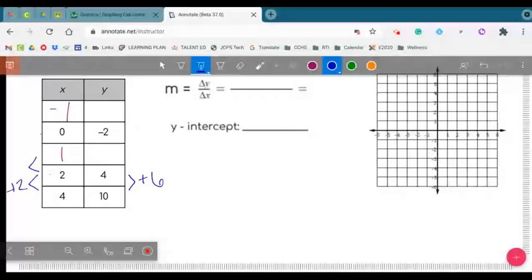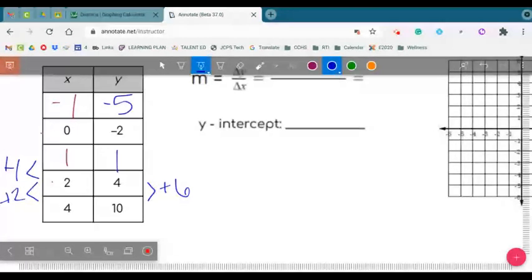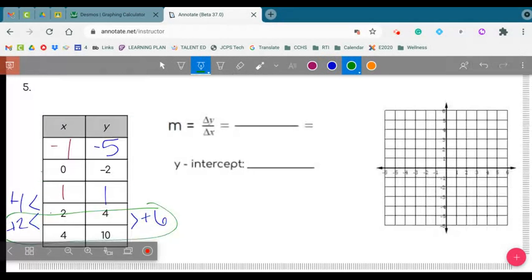So this one, I'm only going up by 1, though. So what's half of going up by 6? It's going up by 3. So I'd have 1 and -5. So I'm going to use this 6 and 2. For my slope, I'm going to have 6 over 2, which equals 3. And then this one, my y-intercept was 0, negative 2.